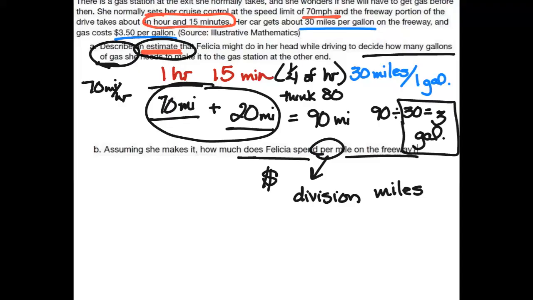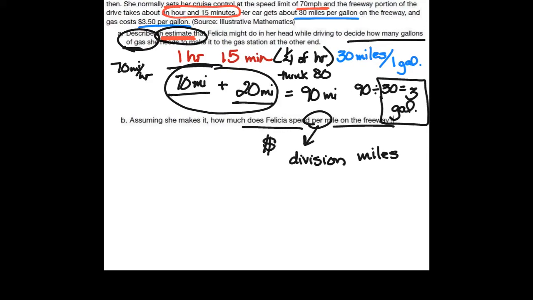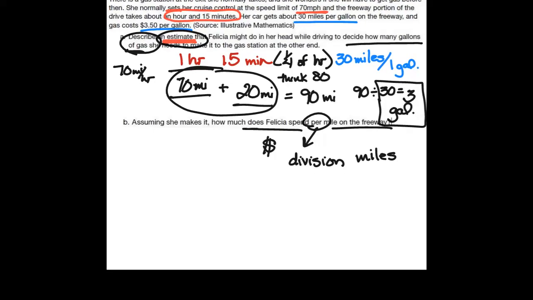How much per mile? Okay, that still doesn't give me the answer, but let's put it together. Money, what is the money? $3.50. How much each gallon is?